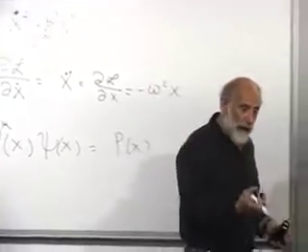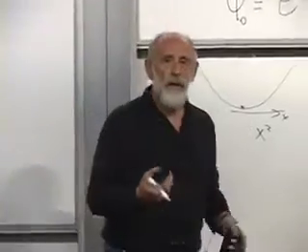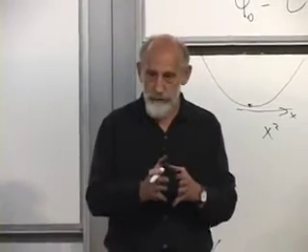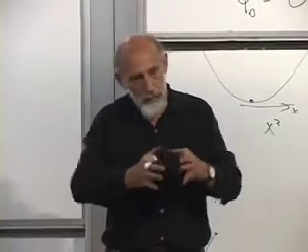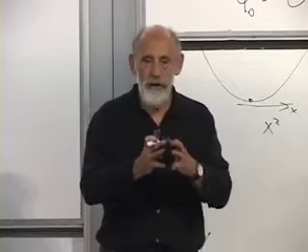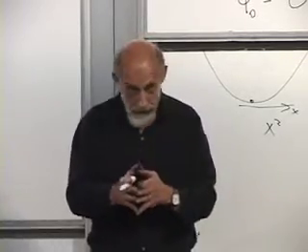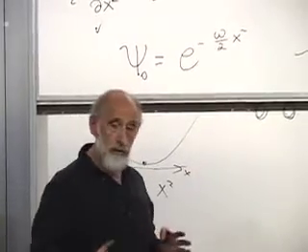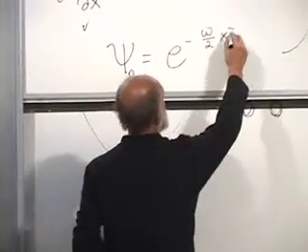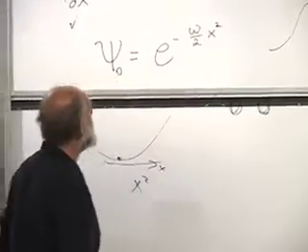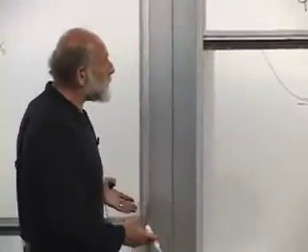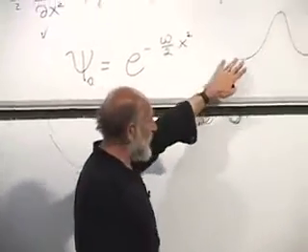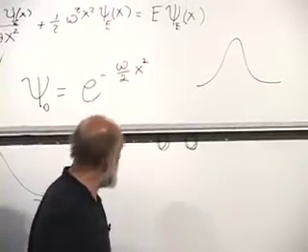The tighter the spring constant, the more tightly the oscillator is held to the origin. The more tightly it's held to the origin, the less spread the wave function will have. So that's the character of this. The bigger omega, the less the spread of the wave function. But apart from its spread, it's just given by a bell-shaped curve, by a Gaussian function of x. Gaussian means e to the minus x squared.